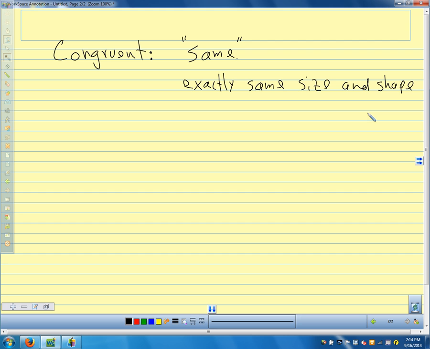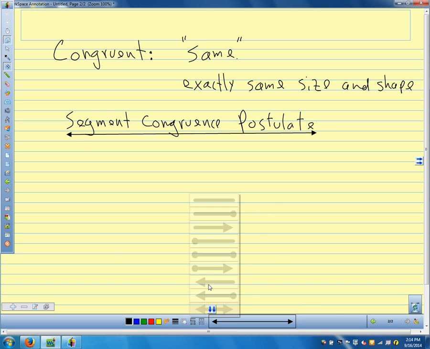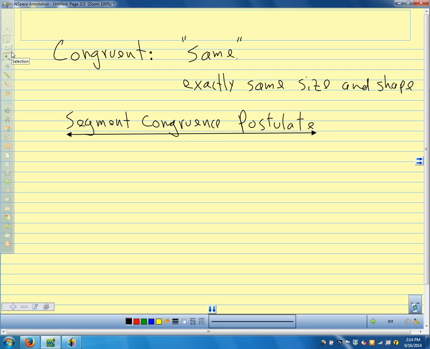So that's our first postulate about segments. We call it the segment congruence postulate. Postulate means something that we accept as true without proof. We can't prove that segments are congruent if they have the same length, but it makes sense.